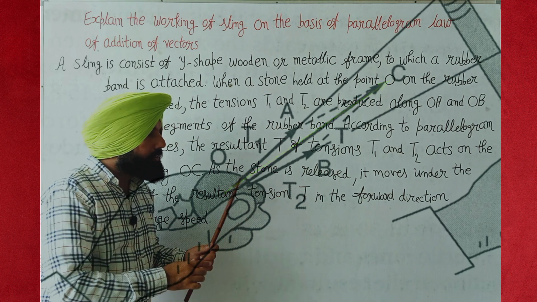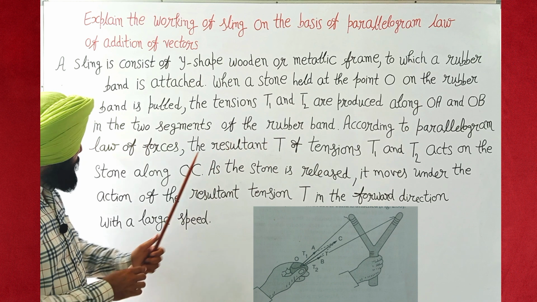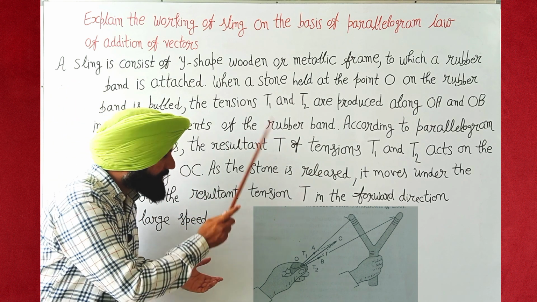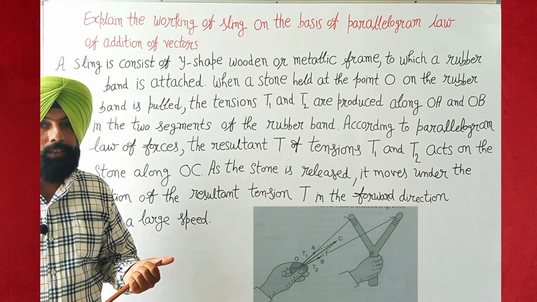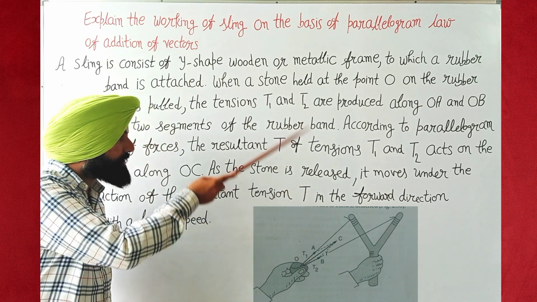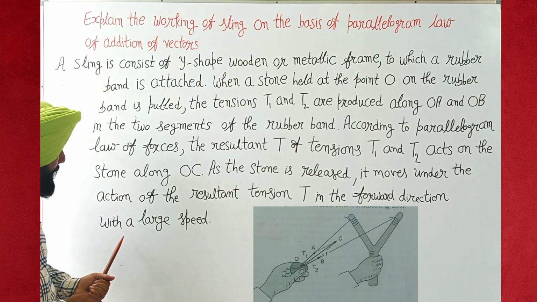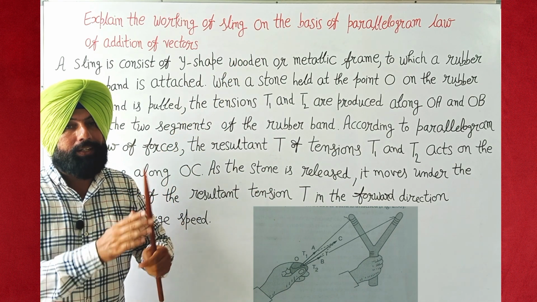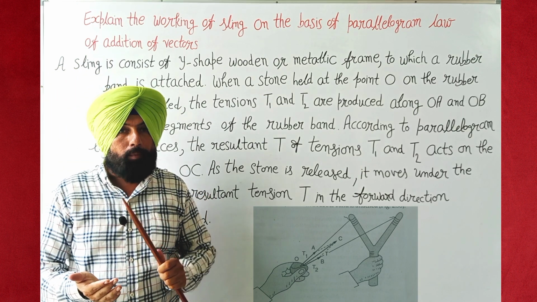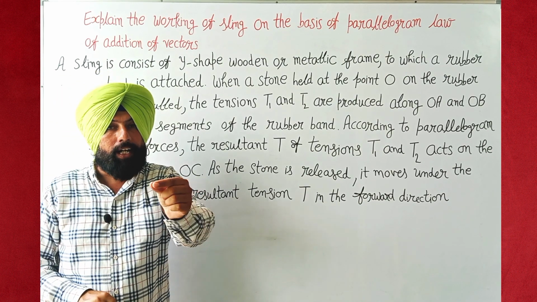When we release the stone, it moves under the action of the resultant tension T in the forward direction with a larger speed. So a sling works on the principle of the parallelogram law of vector addition.